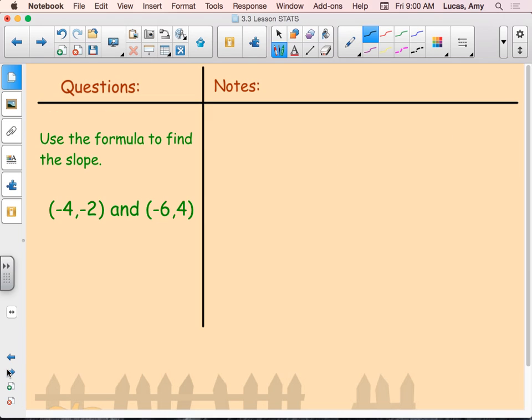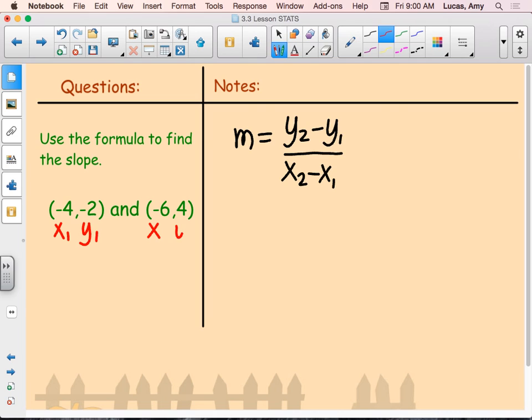Okay, next one, same thing, formula. Label my ordered pairs, x1, y1, x2, y2, and then plug them in. So this time I will have 4 minus, y1 is negative 2, so 4 minus negative 2.